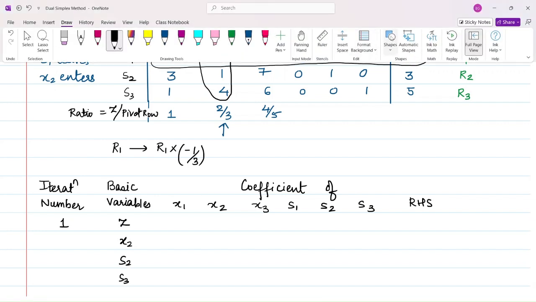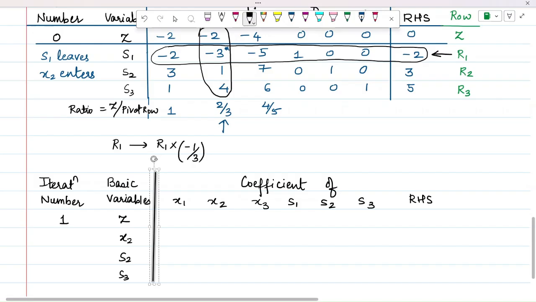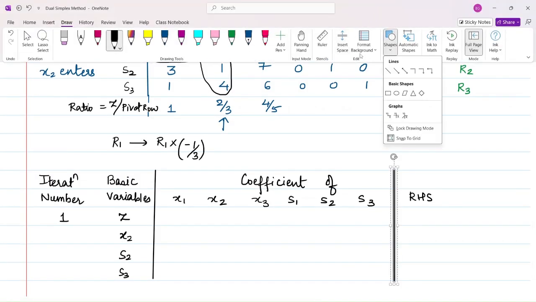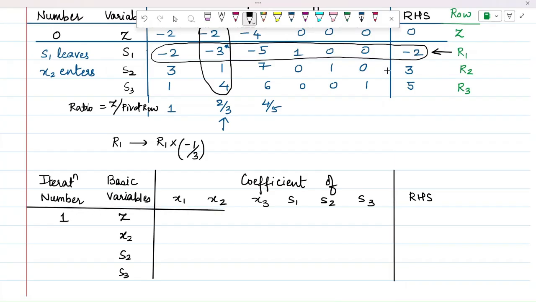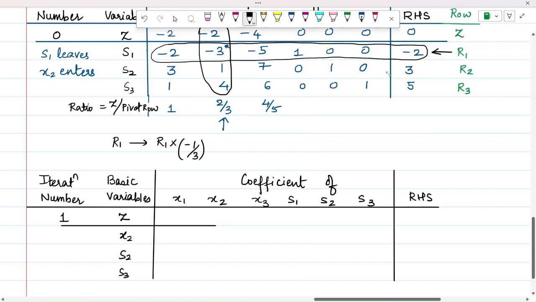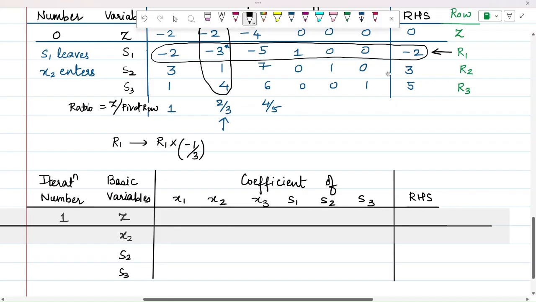Let me make the boundaries. Boundary number 1, 2, 3.